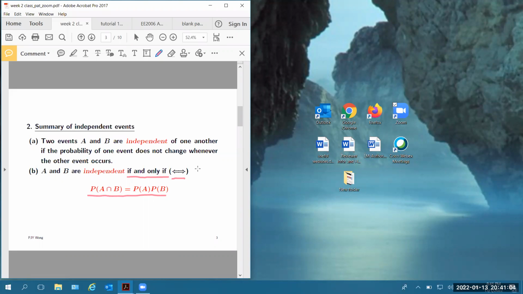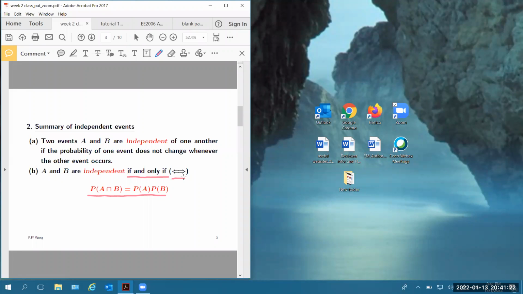Now let me come back to this phrase here, if and only if. From the notation, you can understand this phrase. Can you see that this notation is like a double-sided arrow?